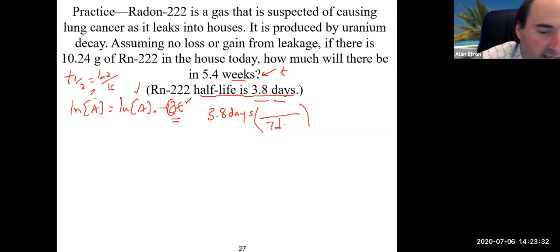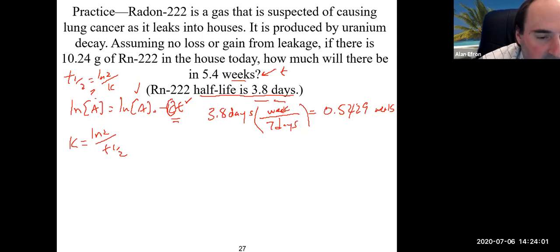So there are 7 days in a week, I think, still. There we go. So 3.8 divided by 7 gives us 0.5429 weeks. So I'm going to go into my half-life equation with that number. My decay constant would be the natural log of 2 divided by the half-life, rearranging the equation up here.